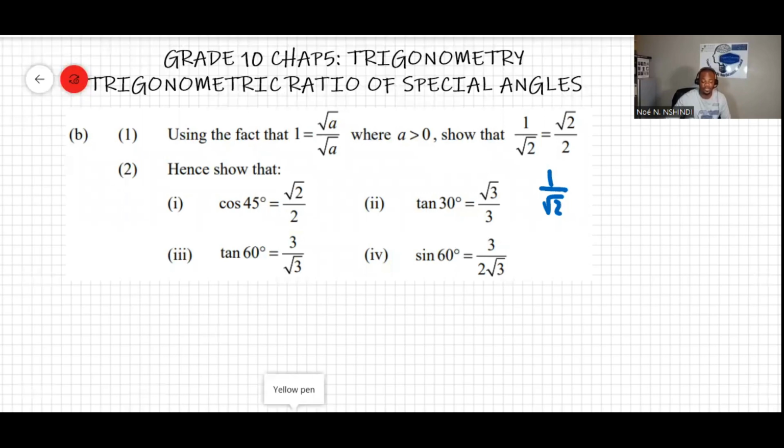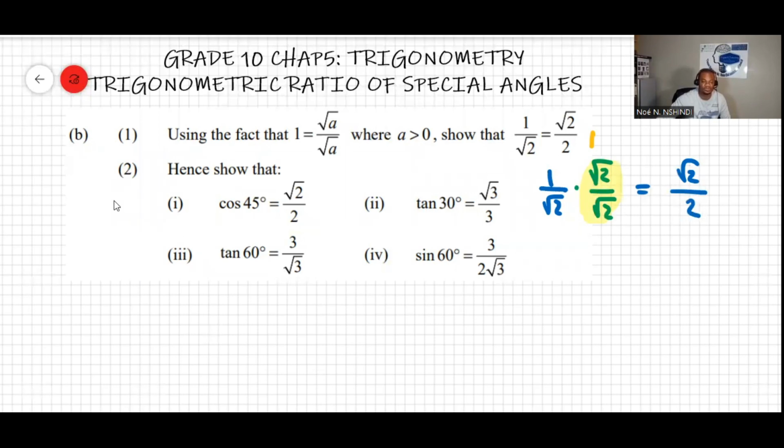There are many ways of writing 1. We can write 1 as root 2 over root 2, because all this just makes 1. So if I do 1 times root 2, it's going to be root 2, and then root 2 times root 2 is 2. This means 1 over root 2 is the same thing as root 2 over 2. This is called rationalizing the denominator.